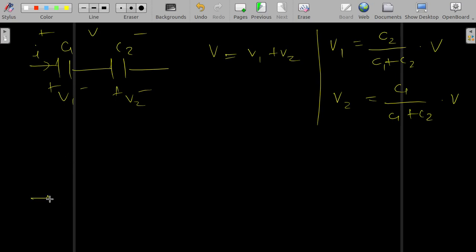Now let us take something similar to that of a capacitor, which is a conductance, right.